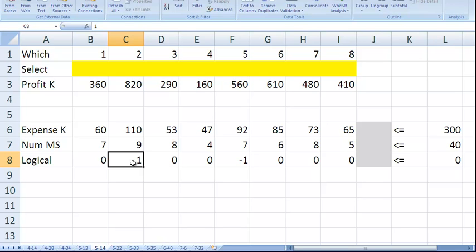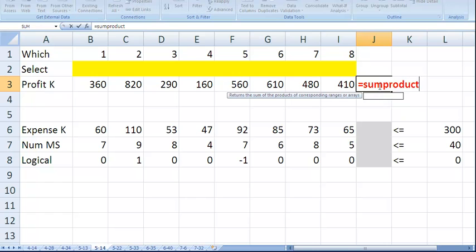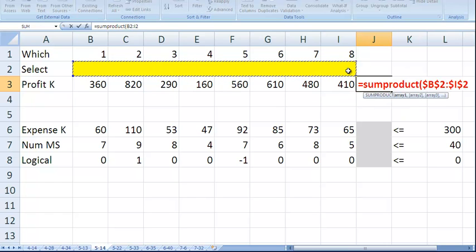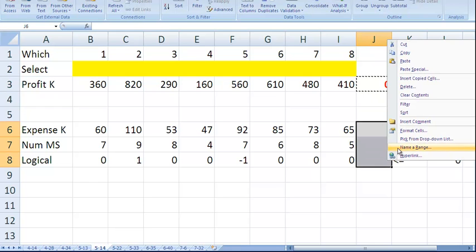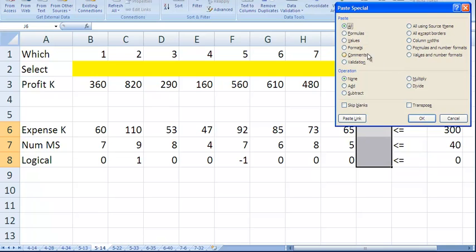X2 has a coefficient of positive 1, X5 a coefficient of negative 1, X2 minus X5 less than or equal to 0. Sum product of decision variables, absolute, and coefficients. Copy that and paste special, formulas only.